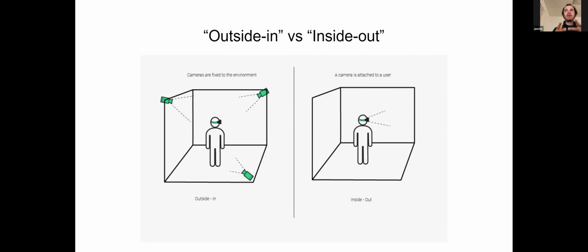Most notably in the VR/AR space, it is cost. It actually turns out to be very hard to convince people to set a bunch of equipment up in their house on the walls, and it's also more expensive to do that. So it's way, way superior if you can just have a set of sensors on the user only, only a handful of cameras and sensors, and then there's no required infrastructure.